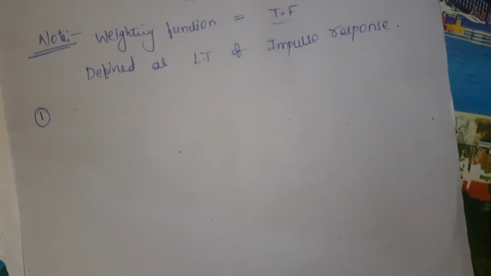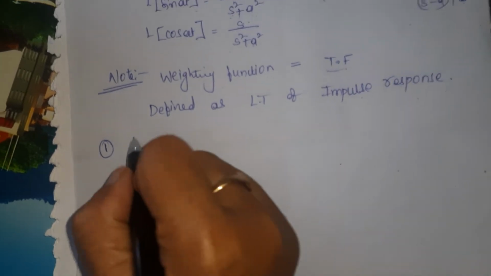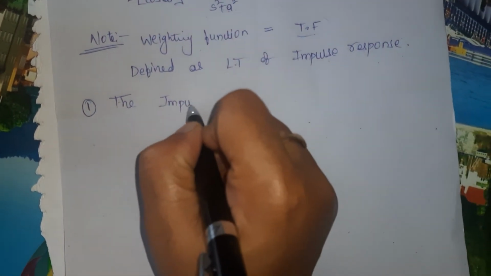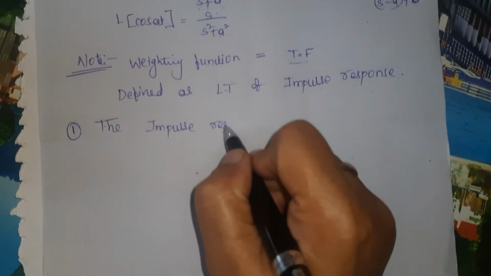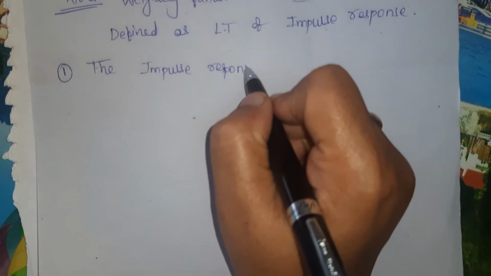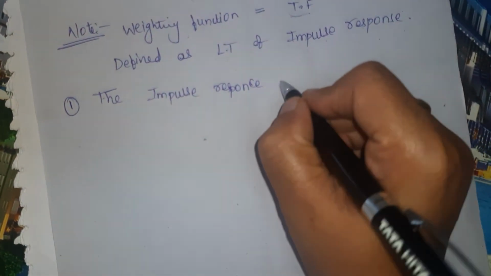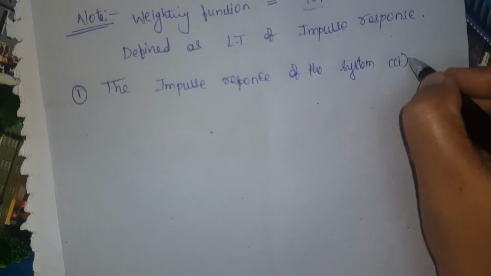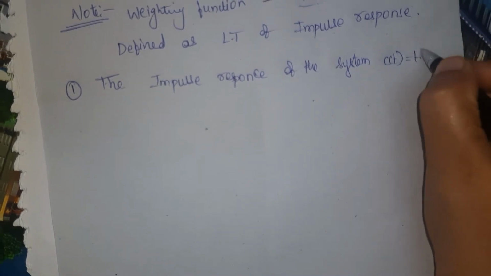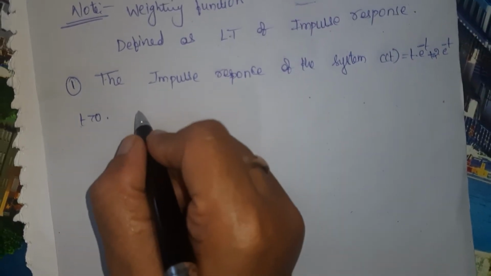So first note down the problem. The impulse response of the system is c of t equals t into e power minus t plus 2 into e power minus t, where t is greater than 0.